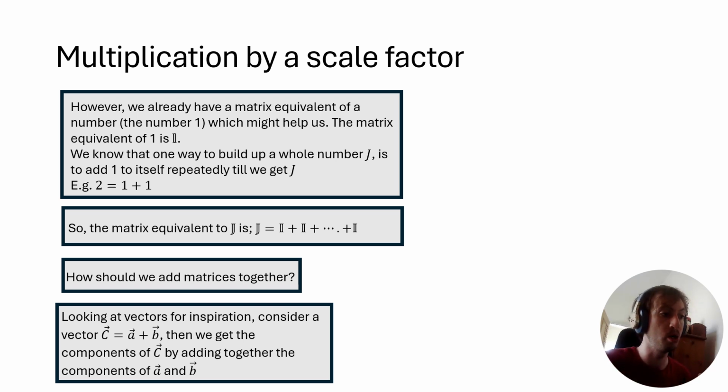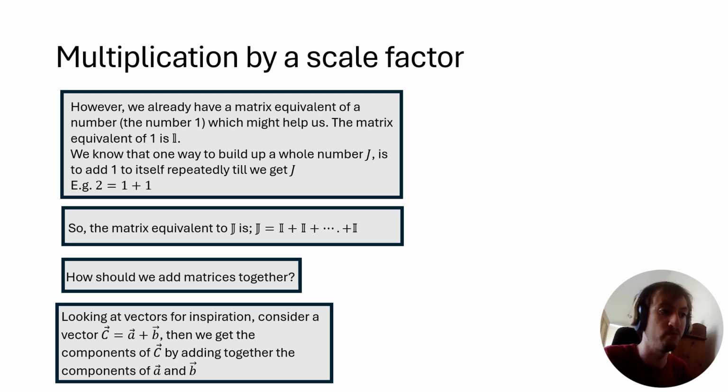Then if we add them together to get a new vector C, then the horizontal component of C is just the horizontal component of A added to the horizontal component of B, and also the vertical component of C is just the vertical component of A added to the vertical component of B. So we get a matrix by adding the components of the other matrices together, where the components we add together are components in the same place as the component we're trying to calculate.